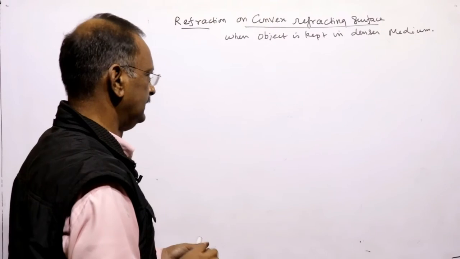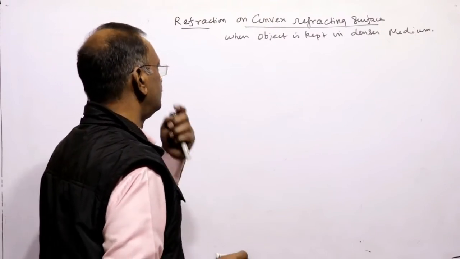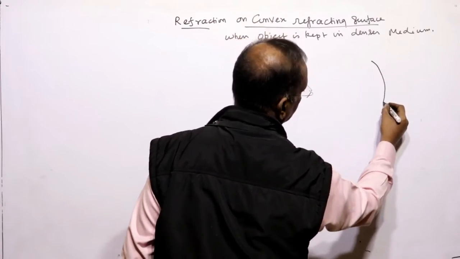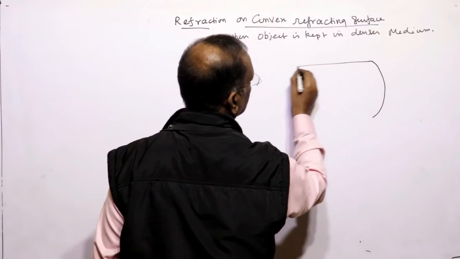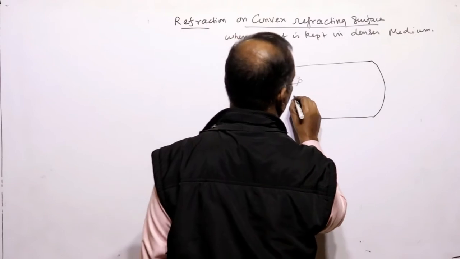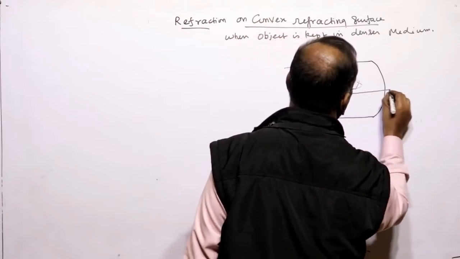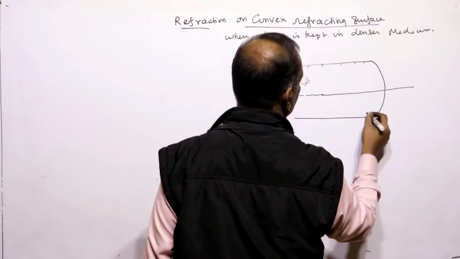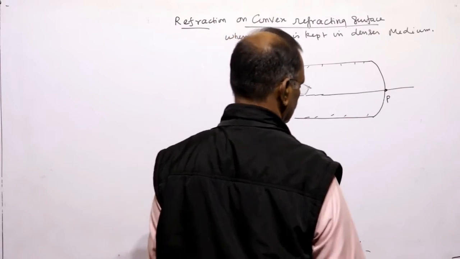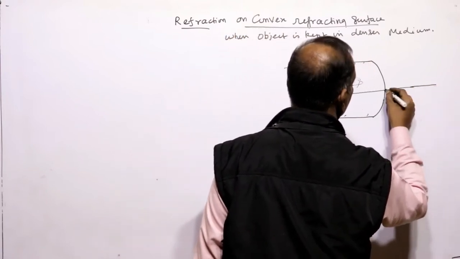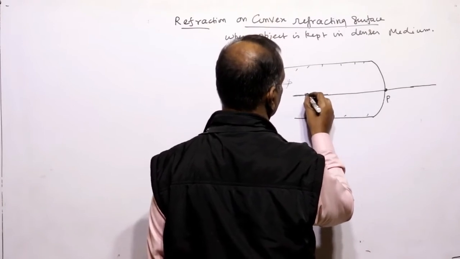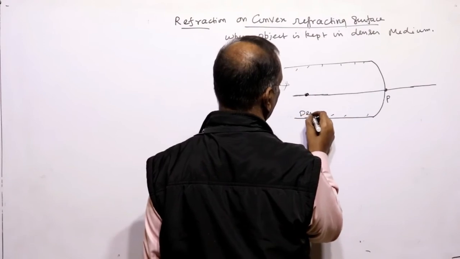So now here we are going to see the object kept, this is a convex spherical surface. This is the principal axis. This is the pole. From the pole, the object is kept here. This is a denser medium.